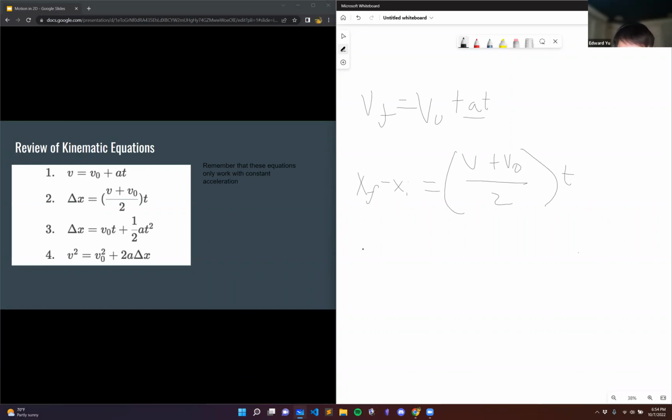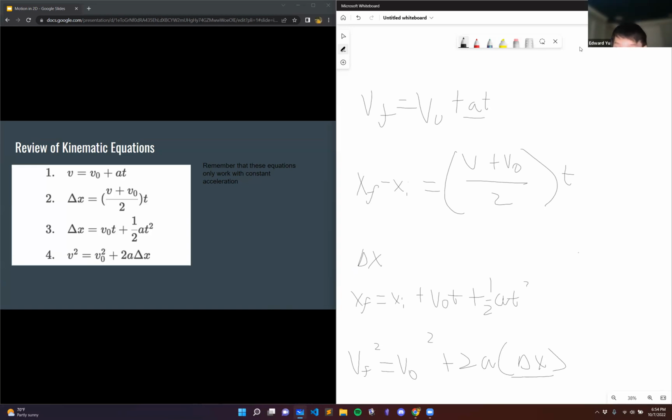The third one is xf equals xi plus the initial velocity times t plus 1/2 a t squared. And finally, the fourth equation is the final velocity squared equal to the initial velocity squared plus 2a times the change in distance.